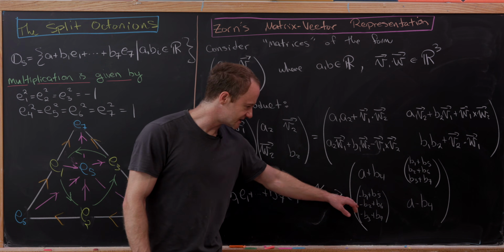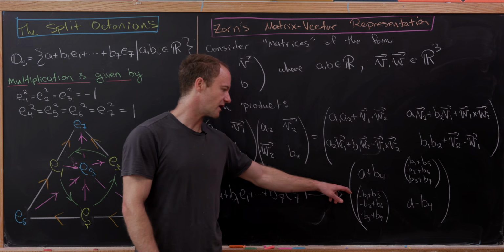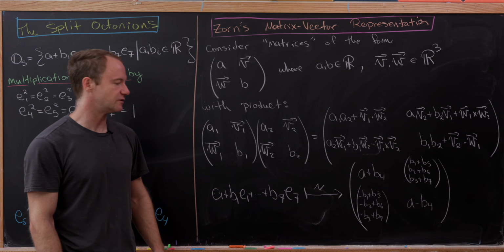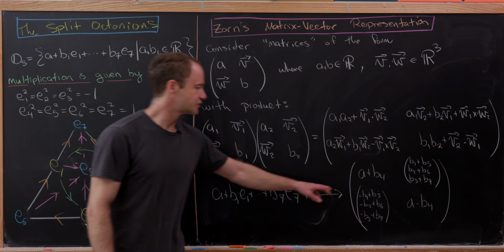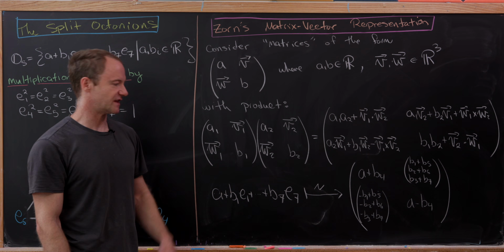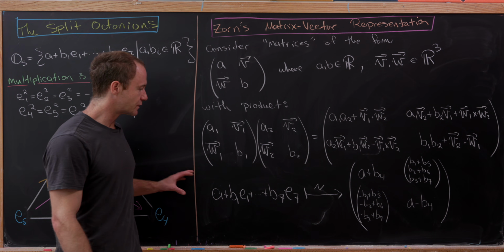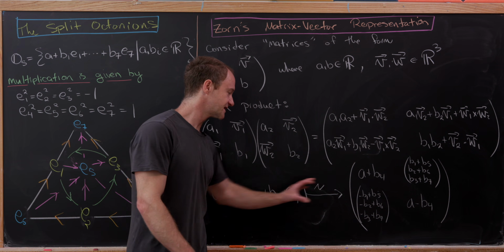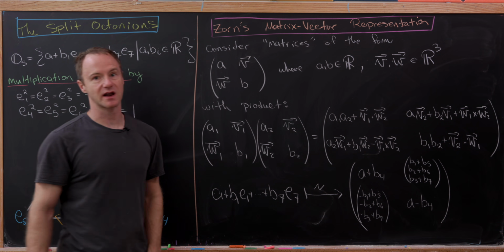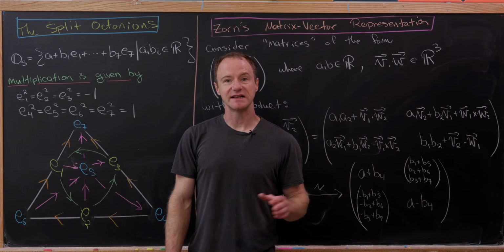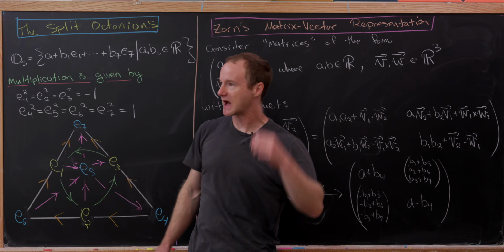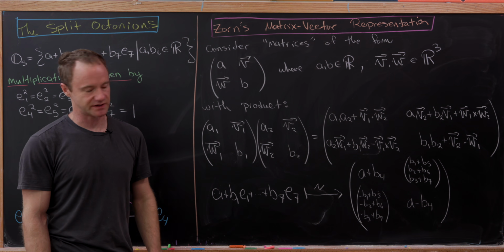And then a pretty similar vector down here, but the coefficients of B1, B2, and B3 are now negative. So we've got negative B1 plus B5, and then so on and so forth. So it turns out that this kind of mapping with this product is exactly the same as the multiplication outlined by this diagram inside of the split octonions.